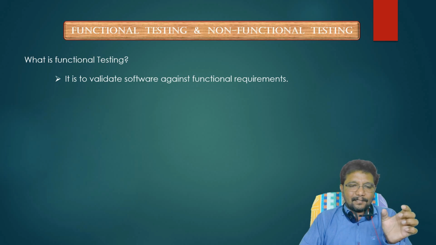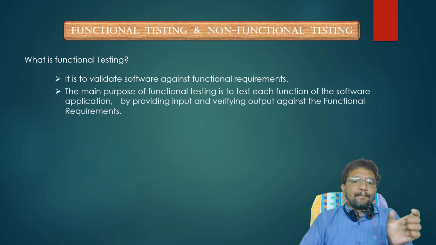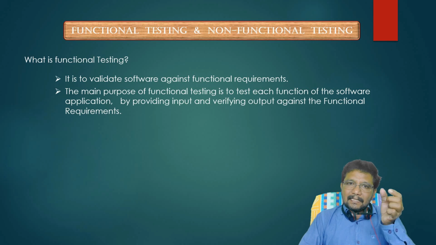Another very important thing: the main purpose of functional testing is to test each and every function of the software or application by providing some input. Already I told you how we provide it: we give the username or password, or the quantity of the product, or to sort the items we give a brand name.